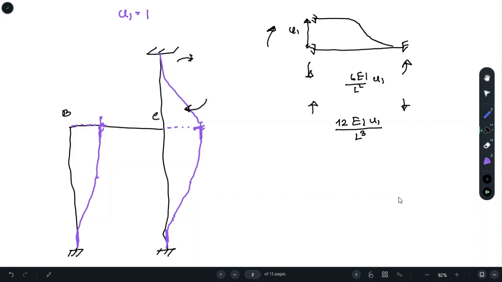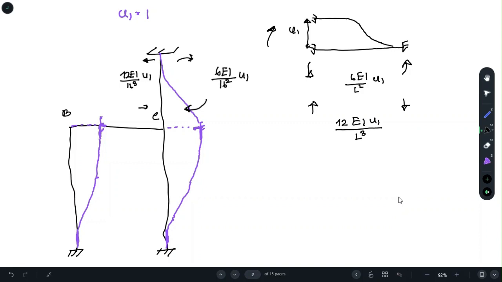The moment is 6 EI over L, here the L was 16, 16 squared E1, and the reaction will be in this direction, and the value is 12 EI over 16 cubed E1.